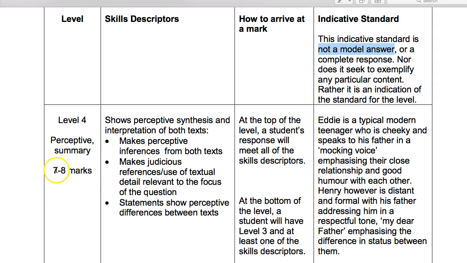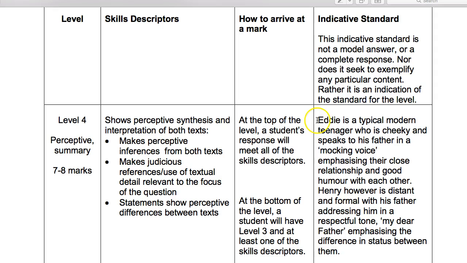Well, straight away you can see the problem, because if you take 4 English teachers in your school, they'll probably give your answer 4 different marks. That's just the way English works. It's not because your teachers aren't any good. It's because we all have different opinions about what good looks like.